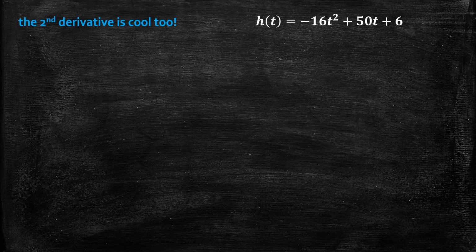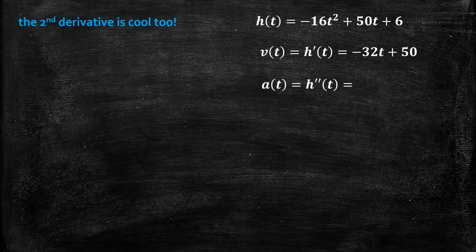So if the first derivative delivers us velocity, what would the second derivative of the height function give us? So here's the height function, the velocity function is the first derivative, it's the rate of change of height with time. So the rate of change of velocity with time, well, that's none other than acceleration.